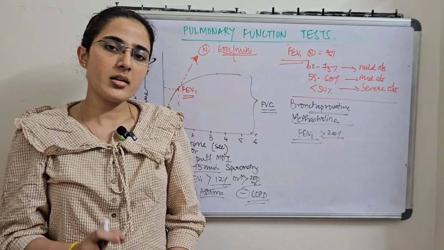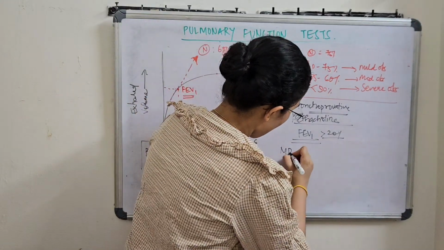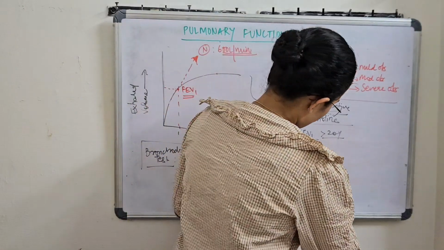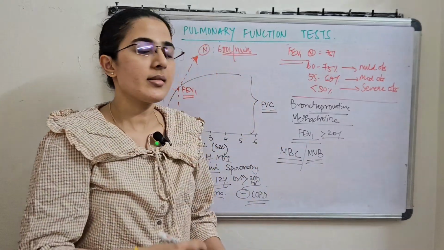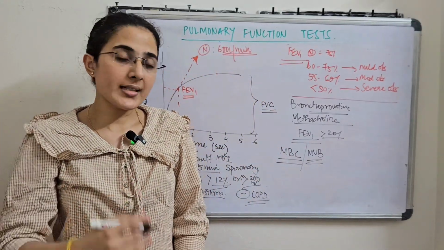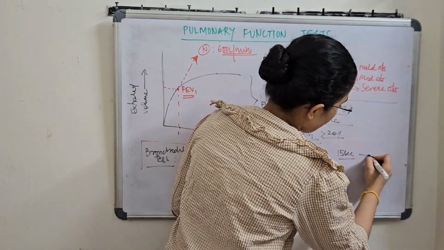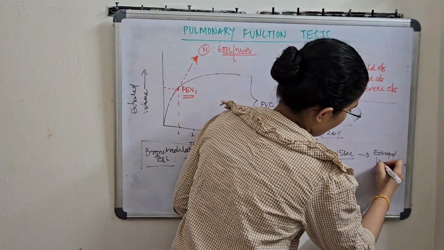One more important determinant is the maximum breathing capacity, also called the maximum voluntary ventilation. In this, the patient is asked to inhale and exhale maximally for a period of about 15 seconds, and this is extrapolated to about 1 minute.